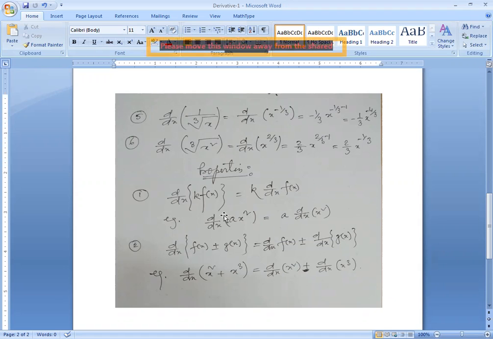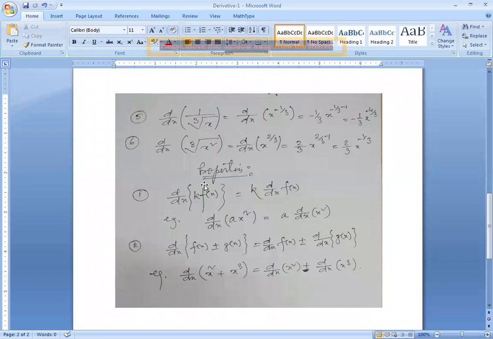There you see, if any constant is multiplied with any function as a whole, d/dx of k into f(x), k is any constant, then you can write the constant outside the operator and we get k into d/dx of f(x).